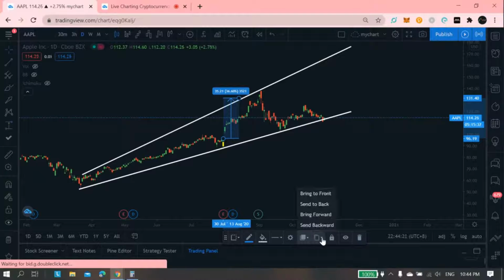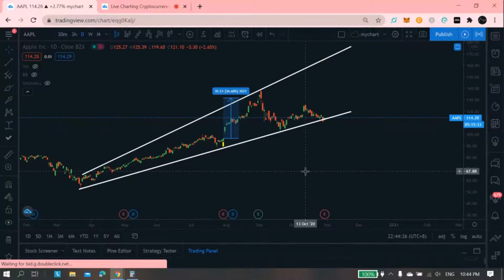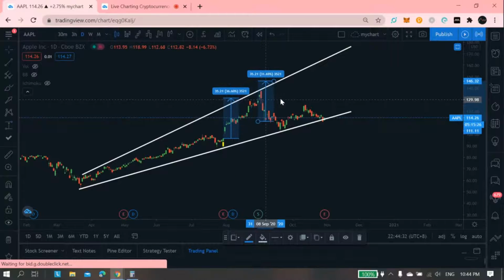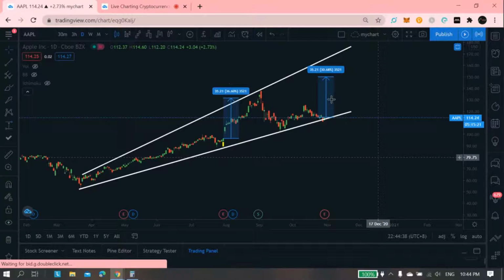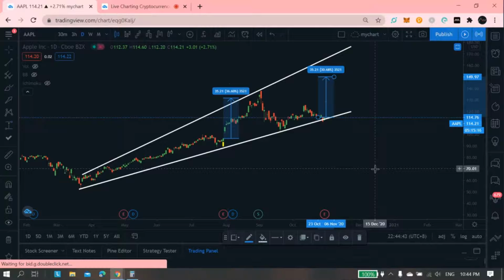and make our projected possible target or the possible top area. So let me move it. Of course, it will depend on where this candle will close today. Possibly it will create a new all-time high, around 149.97.